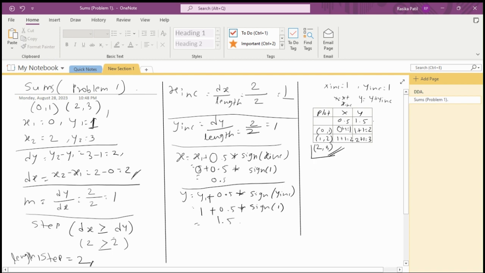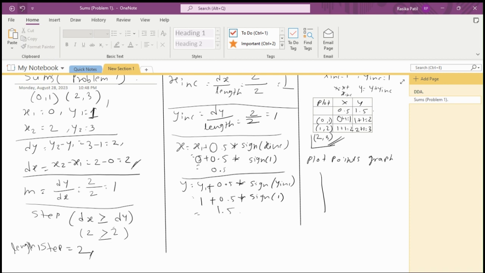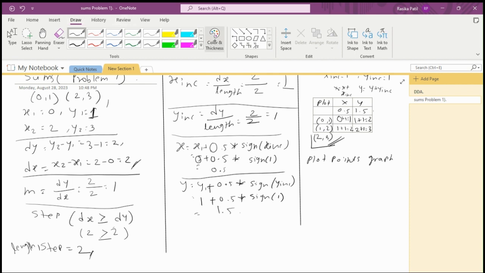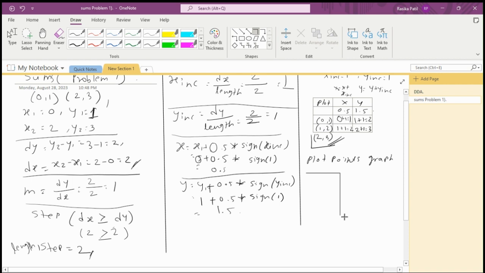So here we will plot our points to the graph. For that, we will draw a shape.